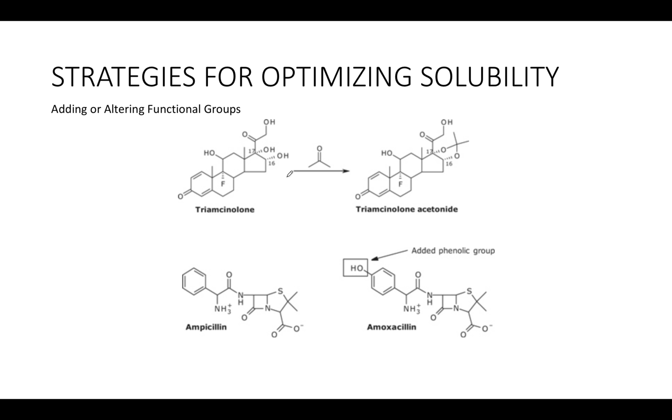So for instance, triamcinolone can be made into a much more lipid soluble form by substituting the hydroxyl at the 17 and the 16 position. And this is going to give you a more lipid soluble form of it.